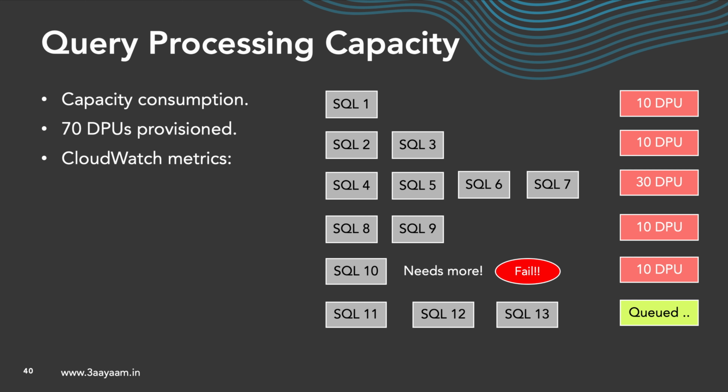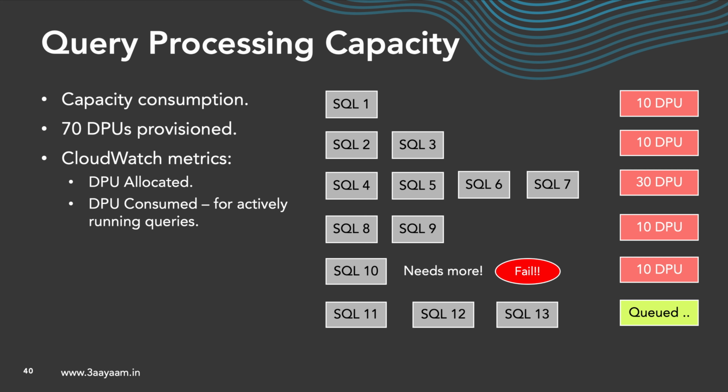So there are multiple CloudWatch metrics which can be used to take a look at the DPU consumption. There's something called DPU allocated. It tells you how many DPUs have been associated with a particular workgroup. And DPU consumed is for actively running queries, and it shows us how many DPUs are getting consumed by all the queries that are currently running.